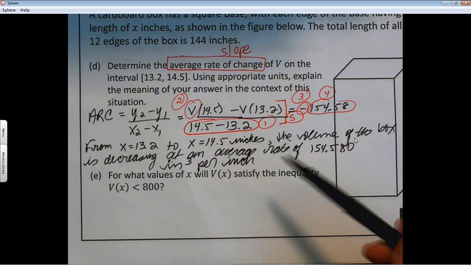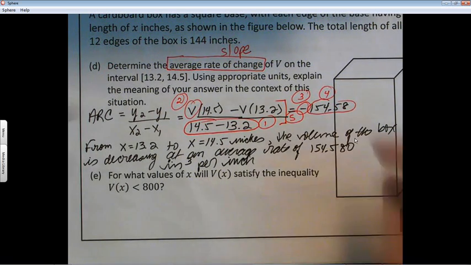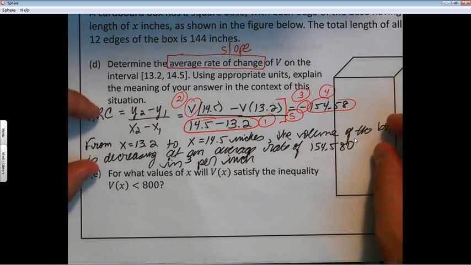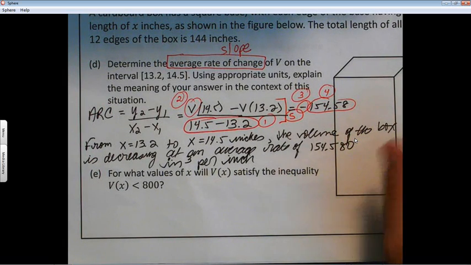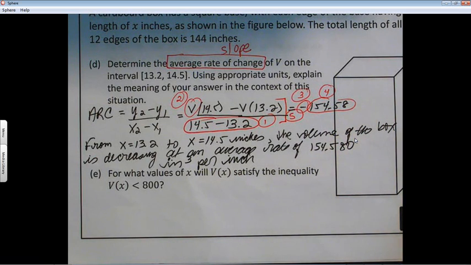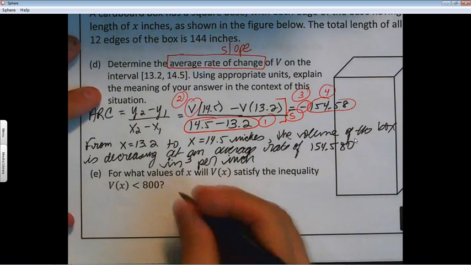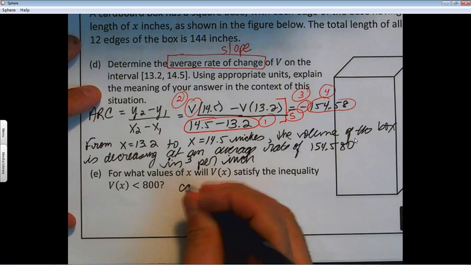From x equals 13.2 to 14.5 inches, the volume of the box is decreasing at an average rate of 154.580, always 3 decimal places, cubic inches per inch. That's the sentence. This sentence is going to come up again and again and again in all the future units. So let's make sure we're getting it right.